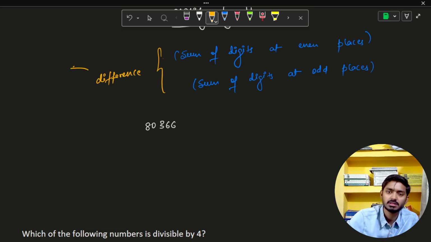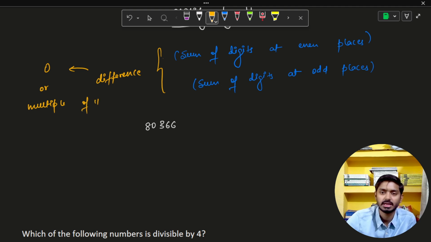If the difference is 0 or a multiple of 11, we say that the number is divisible by 11.